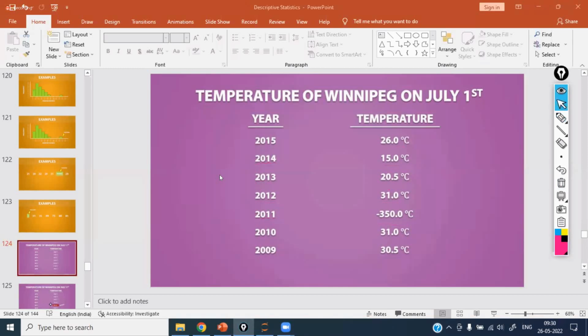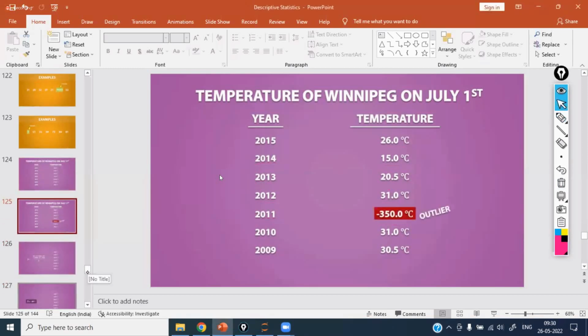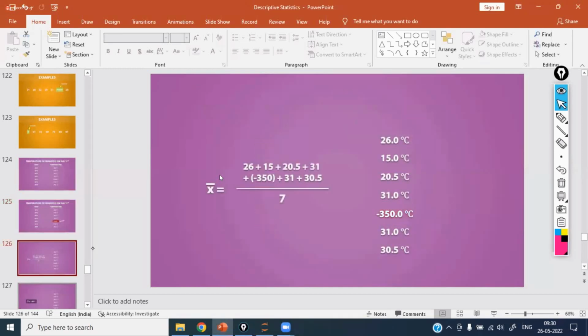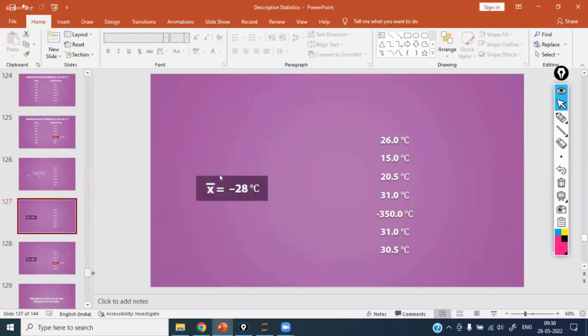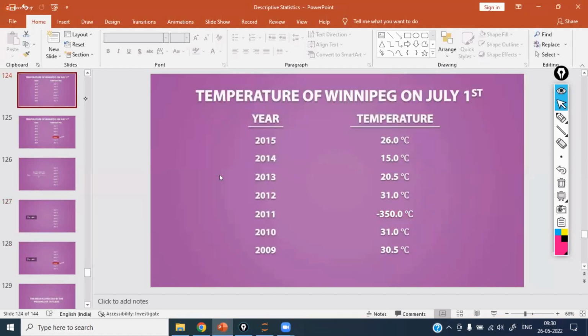Now we know this is an outlier, very clearly. If there is an outlier, what happens? If you calculate the mean by taking all the data points, what value do you get? Minus 28. Is minus 28 the average temperature in that city? The city temperatures are 26, 15, 20, 31, 31, 30.